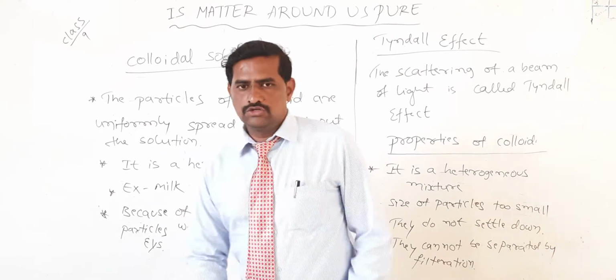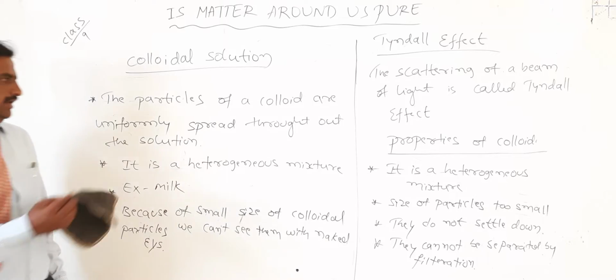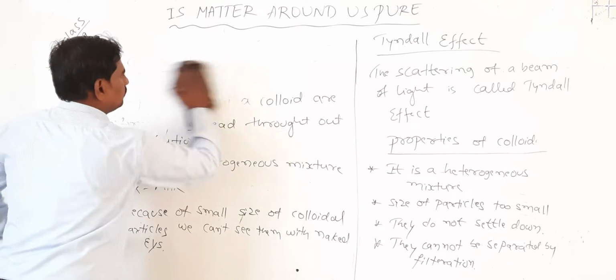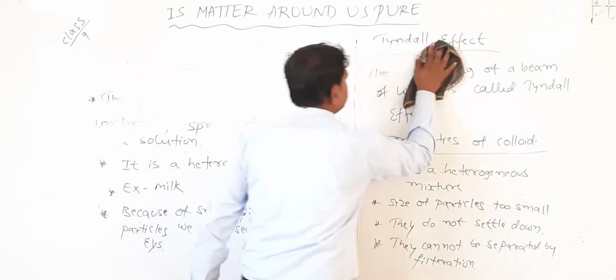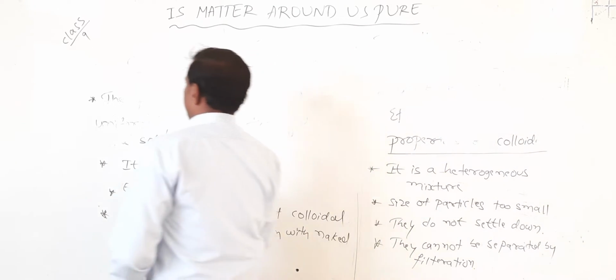Up to this, now we will study what the Tyndall effect is. I will explain the Tyndall effect with a diagram. The scattering of a beam of light is called the Tyndall effect.